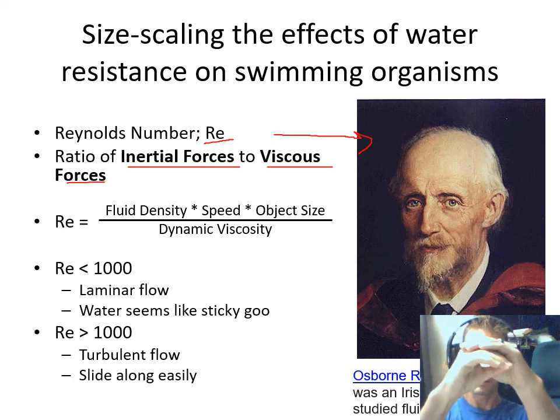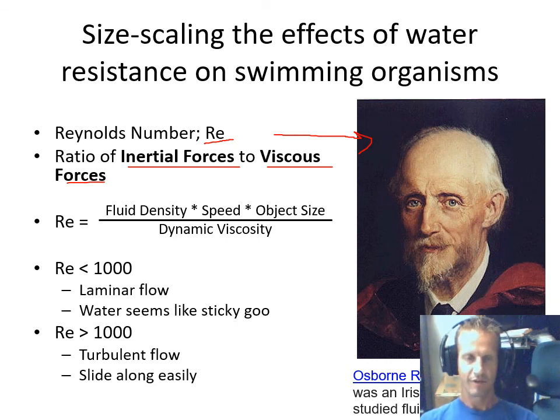So for a small organism with a small Reynolds number, the water is sort of stuck to it, and it has a hard time getting through the water. It almost has to dig through the water more so than piercing the water. But for a large, fast organism with a large Reynolds number, the water just ripples to the side, and the thing can pierce right through the water and slide along easily.